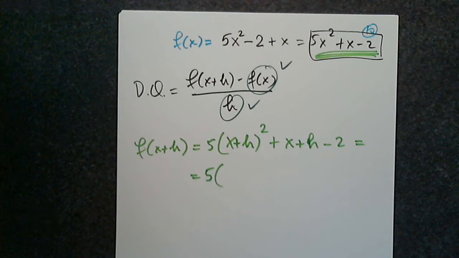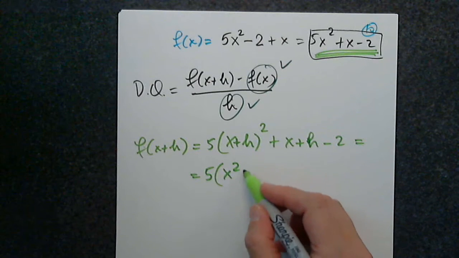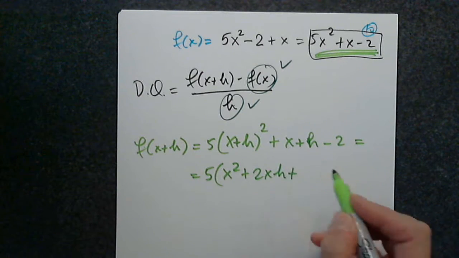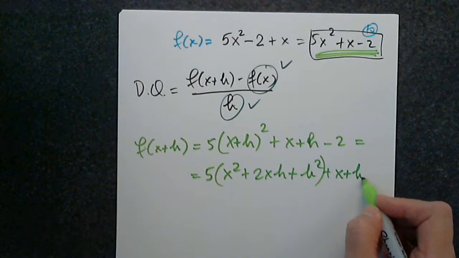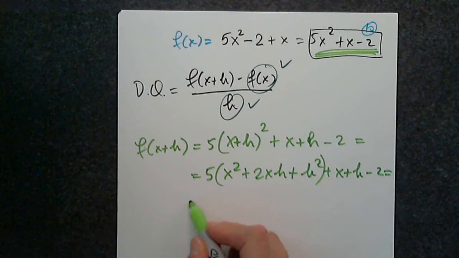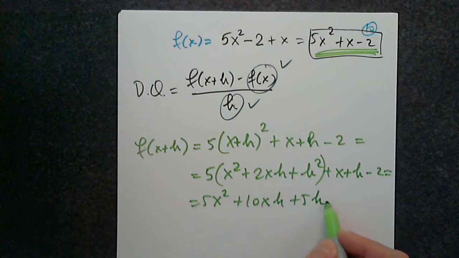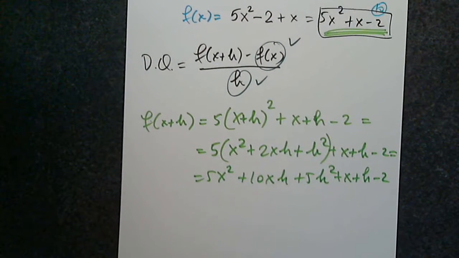Can anyone square for us x plus h? Awesome. x squared, very good, plus 2xh, plus h squared, very good. Plus x plus h minus 2. And now I can distribute: 5x squared plus 10xh plus 5h squared plus x plus h minus 2.